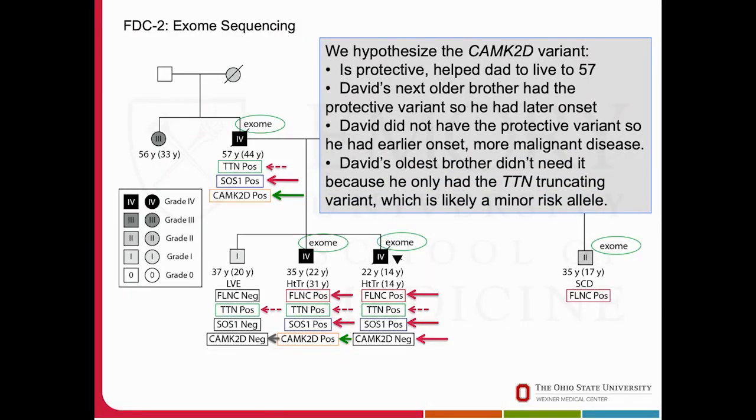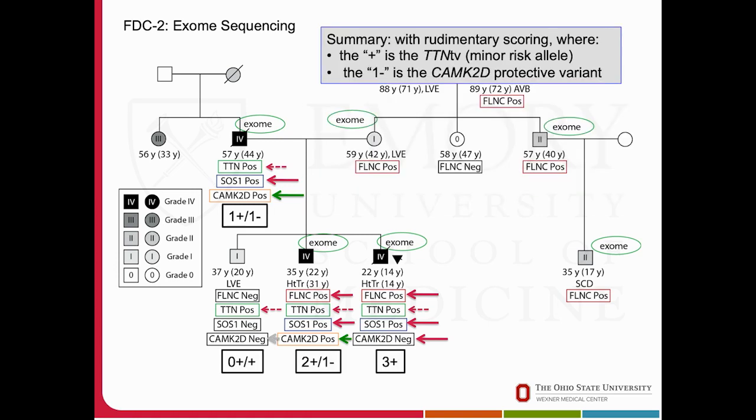David's oldest brother didn't need it. Took me a while to figure this out. He was negative, but again, he doesn't have enough badness there genetically to really need that protective variant. At least that's the hypothesis. We do not have real data that would meet the scrutiny of a group like this to suggest that this is operative, but we hope to test that hypothesis.